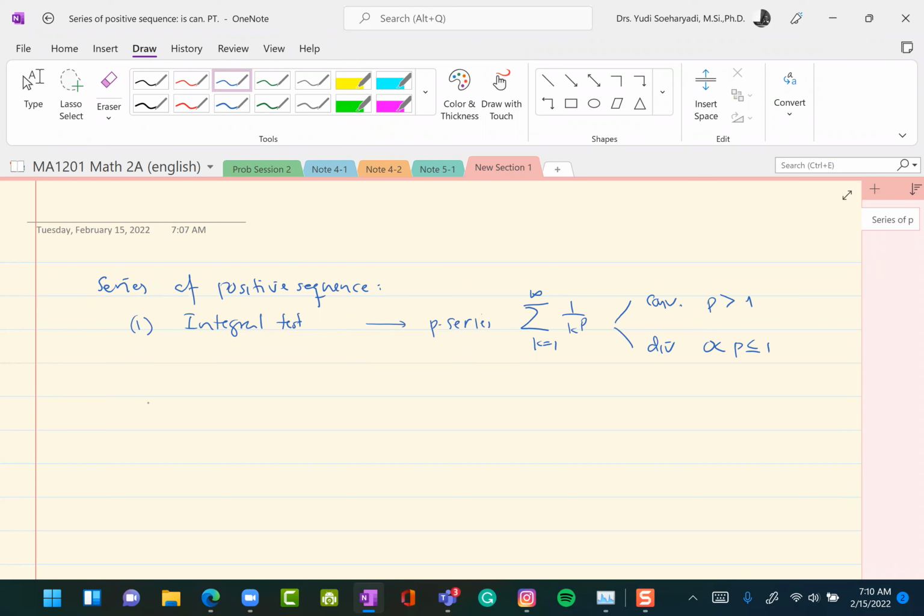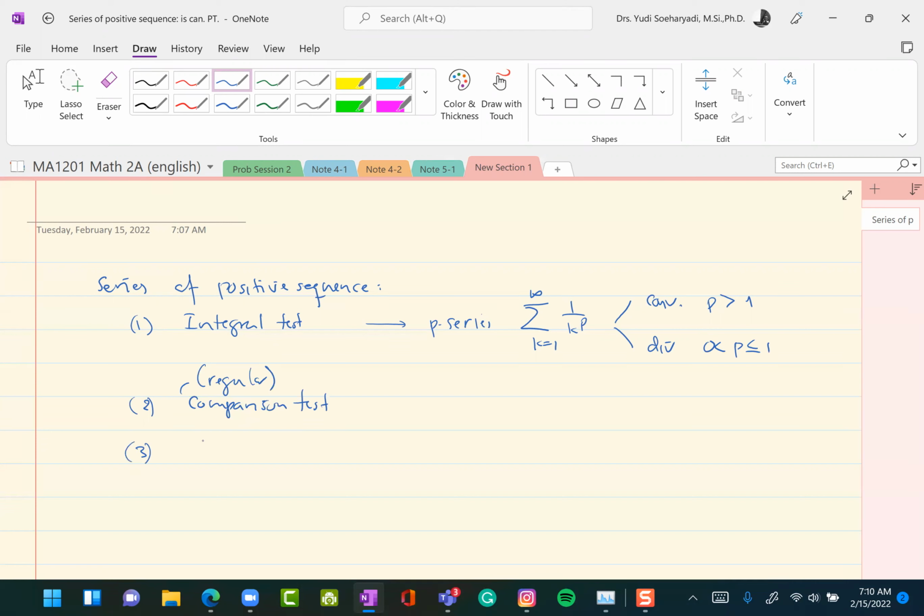Okay, and you have the comparison test. So this is what you call the regular comparison test. In fact, this is one of the most useful things, the comparison test.